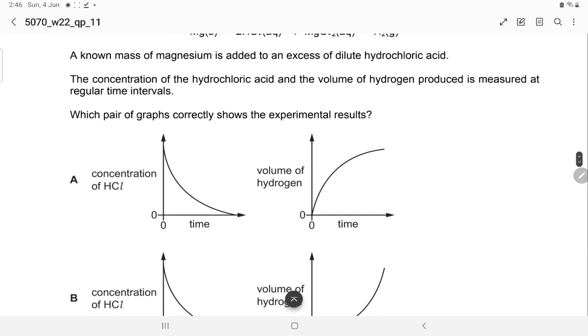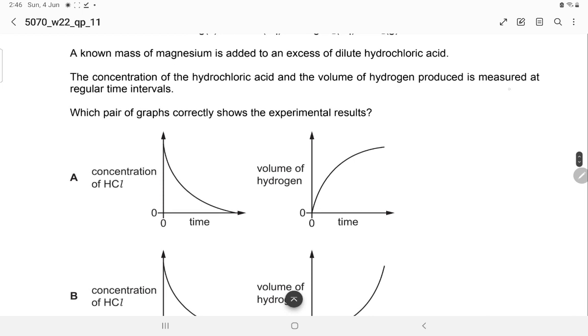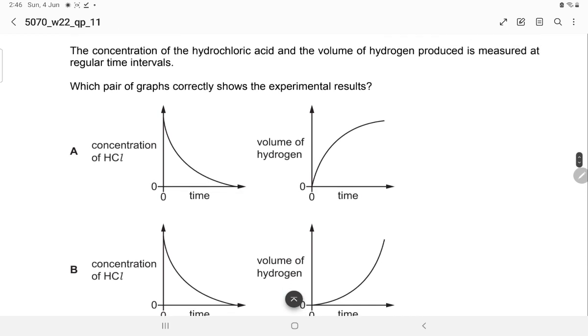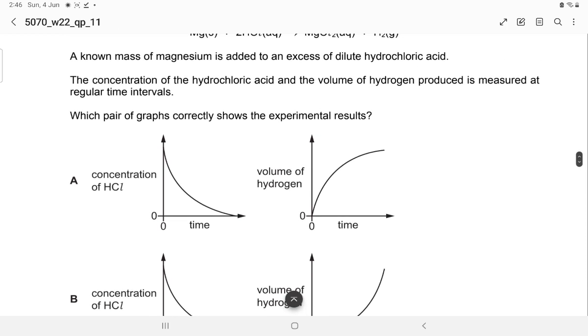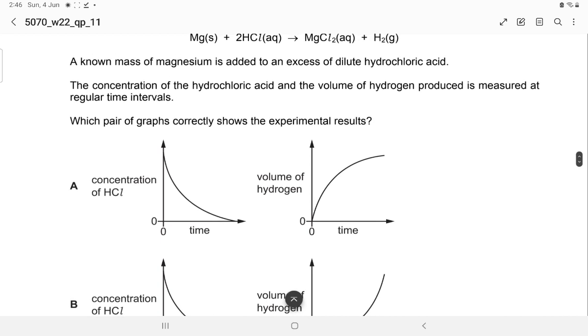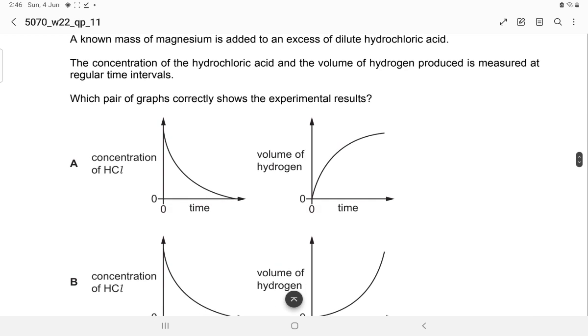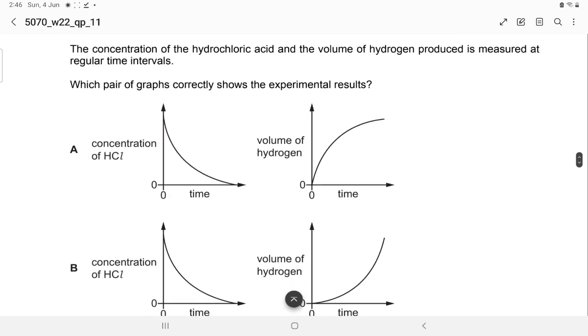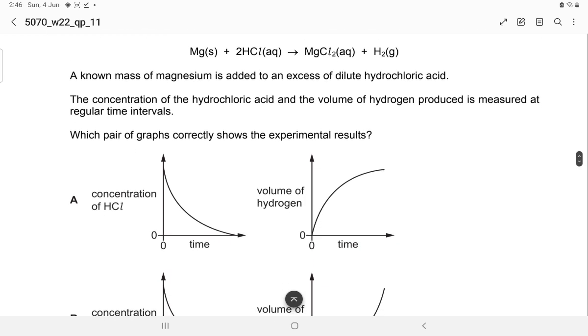The concentration of hydrochloric acid and the volume of hydrogen produced is measured at regular time intervals. Which pair of graphs correctly shows the experimental results?